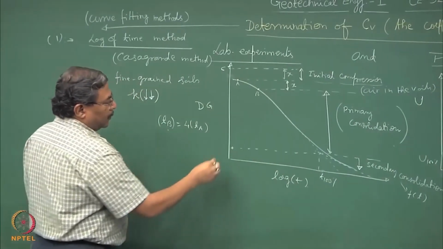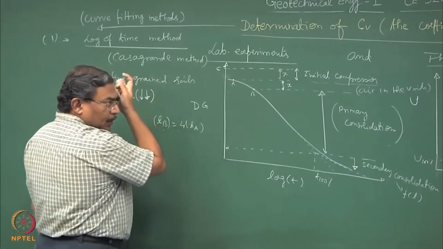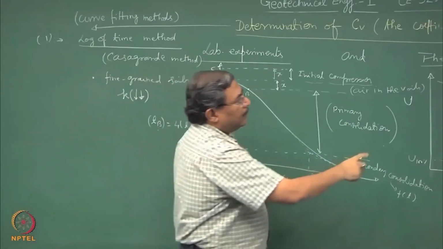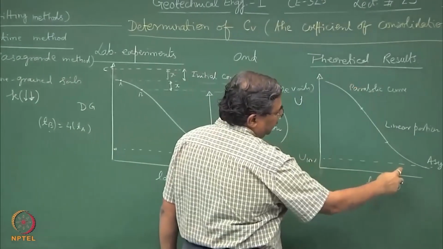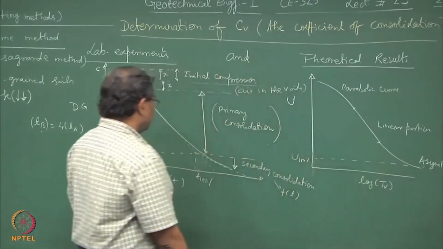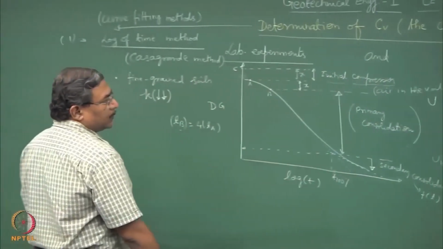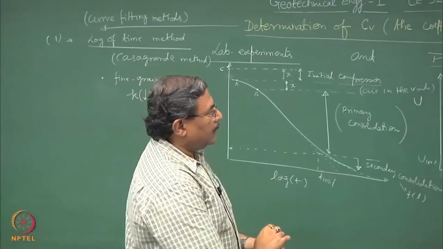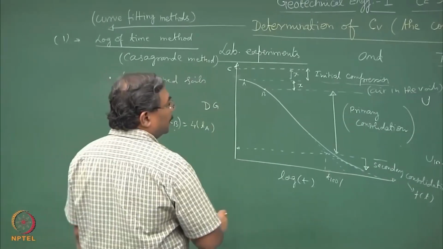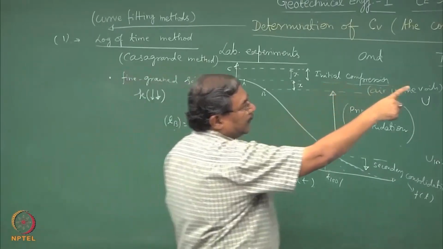All right. Now, this is based on the assumption what we are getting from the theoretical results. I can use this relationship as long as u is less than 0.6.